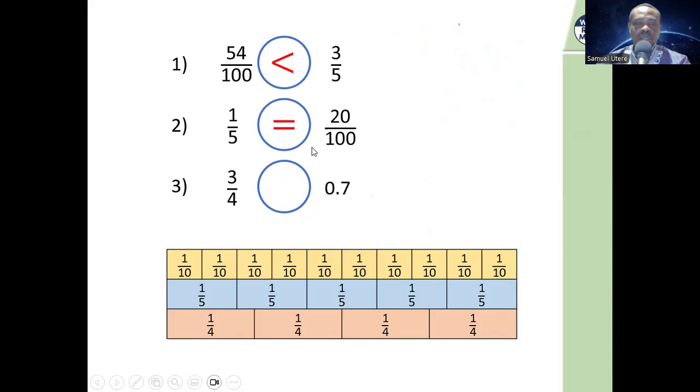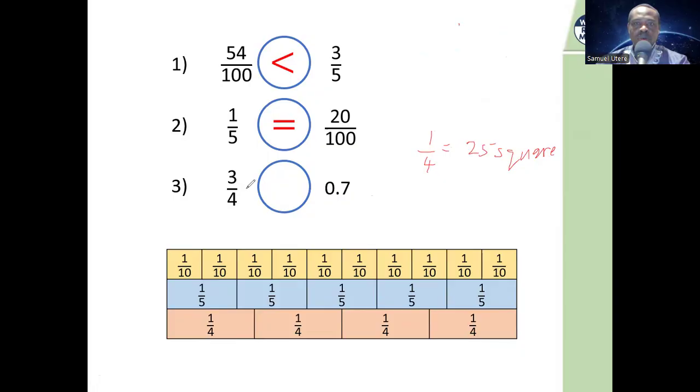3/4 is 3 out of 4 parts. So you're going to split the 100 squares into 4 equal parts. So each part is 25. So a quarter of 100 is 25 little squares. All right.